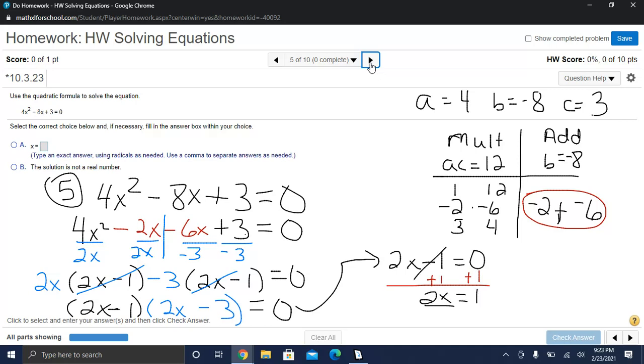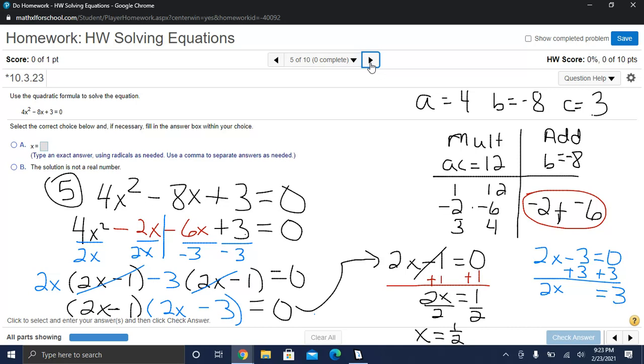Now we'll divide by 2 on both sides, and that is a fraction, and we want to leave it as the fraction 1/2. So there's one of the answers. And then we have 2x minus 3 equals 0. We can add 3 to both sides, giving me 2x equals 3.